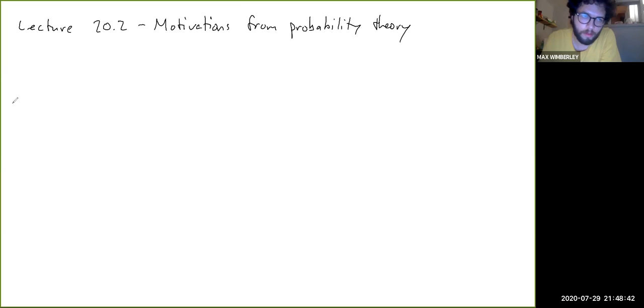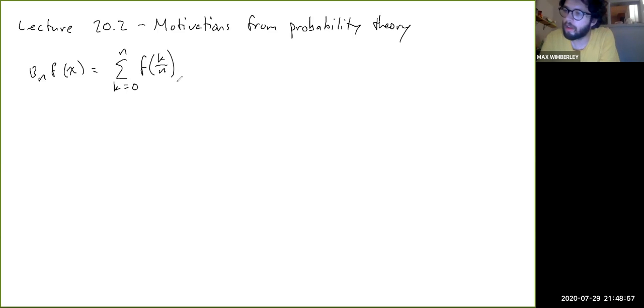So Bn f of x is defined as the sum from k equals 0 to n of f of k over n times the binomial coefficient n choose k, x to the k, 1 minus x to the n minus k.